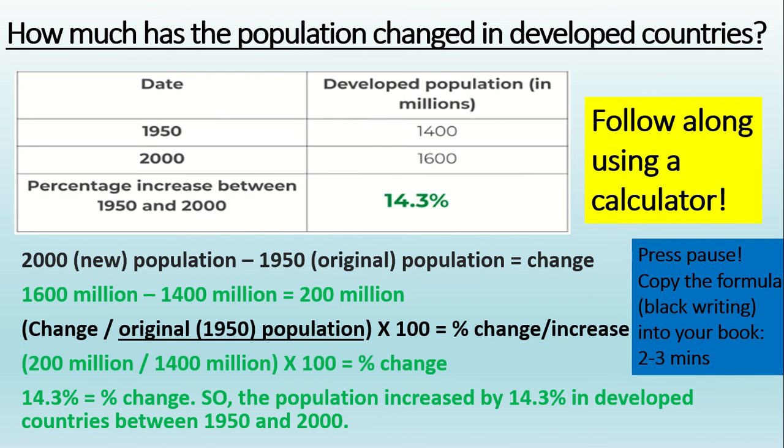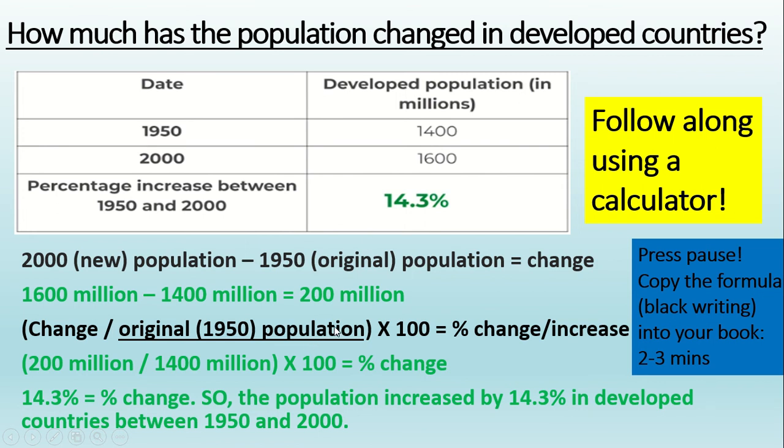Now what we need to do, if we look at the font in black here, where the formula is, is we need to get the population change, which is 200 million, and then divide it by the original population, which was in 1950, which was 1400.